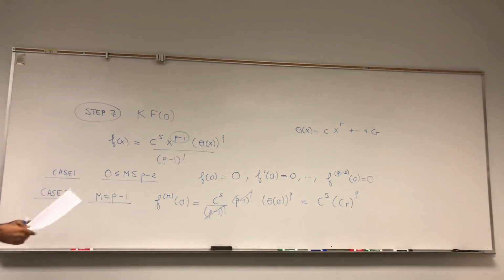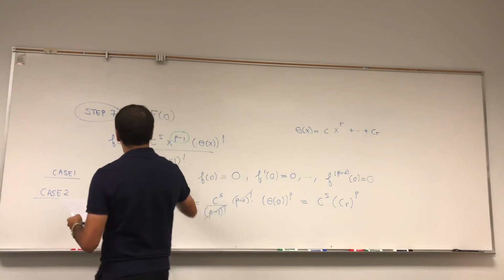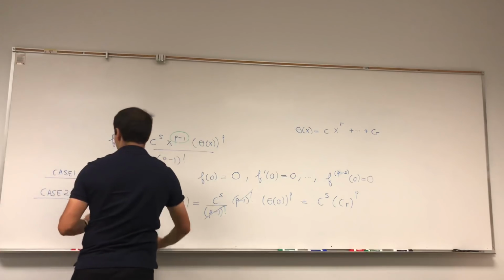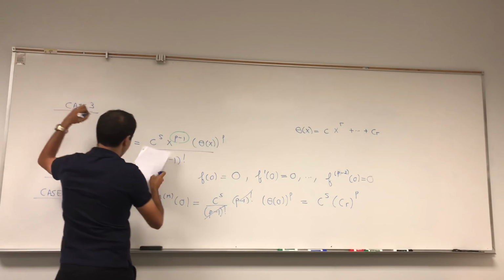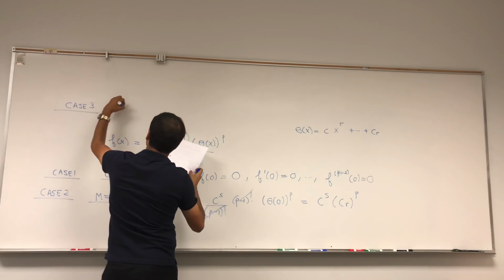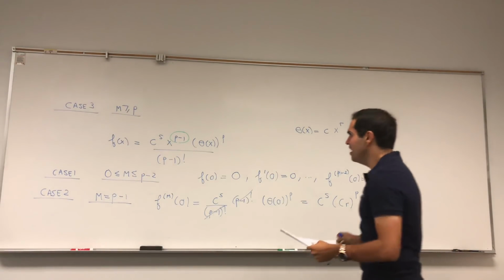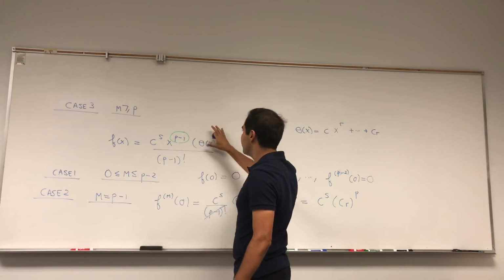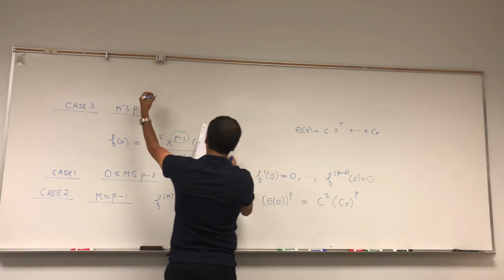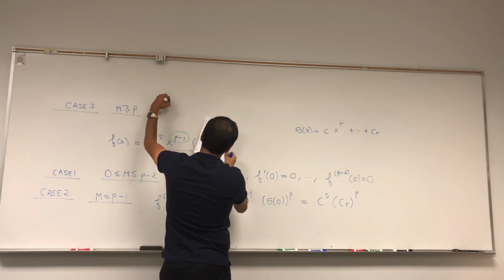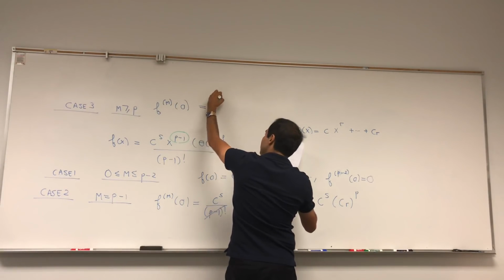That's one thing. And then lastly, what happens if we take lots of derivatives? So in case 3, what if m is greater or equal to p, but less than p plus s? Then again, worst case scenario is if all the derivatives fall on here, or I guess if at least p minus 1 derivatives fall on here. So what happens is that we get c to the s.